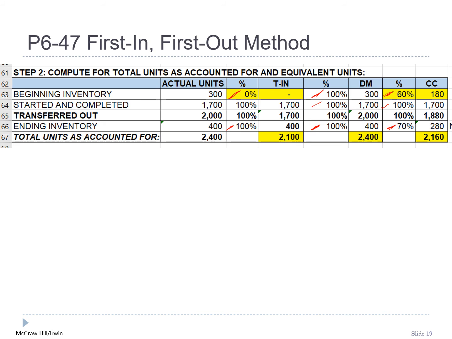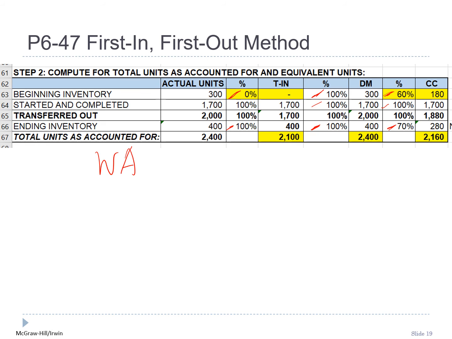So, 0 ngayon yun. So, the rest, kasi yung 1.7 tsaka 400, nanggaling yan doon sa 2.1 na tinransfer this month from Department A. Kaya ngayon siya nag 100%. Kaya 100% yung started and completed, 100% din yung ending inventory natin na 400. So, lalabas, ang total EUP for transferred in is 2.1. So, ito lang yung technique dyan.